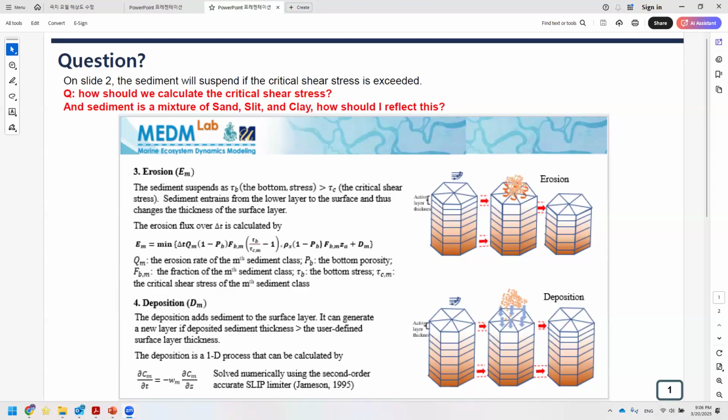Okay, so it's tough to do that. You need to consider the time-dependent critical stress, because it changes, particularly for coherent sediment. They get mixed together, you get clay and sand together. So you couldn't simply say, okay, that's the sand critical stress. The sediment model is really challenging to get correctly.